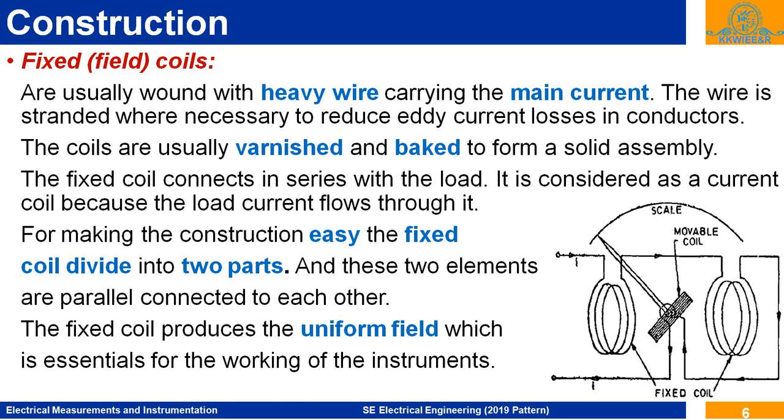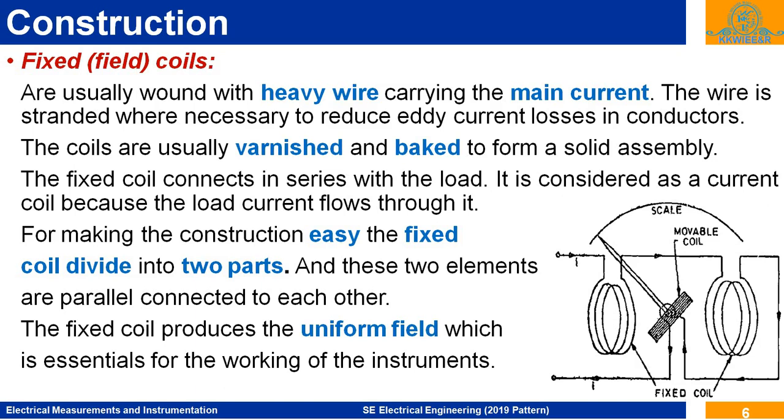Instead of using a single solid conductor, a multi-strand conductor is used, so the effective cross-sectional area is reduced, and skin effect and eddy current loss are minimized. First they are varnished, baked to exclude the moisture, and clamped into place, thus forming a rigid solid assembly. So this is the fixed coil.